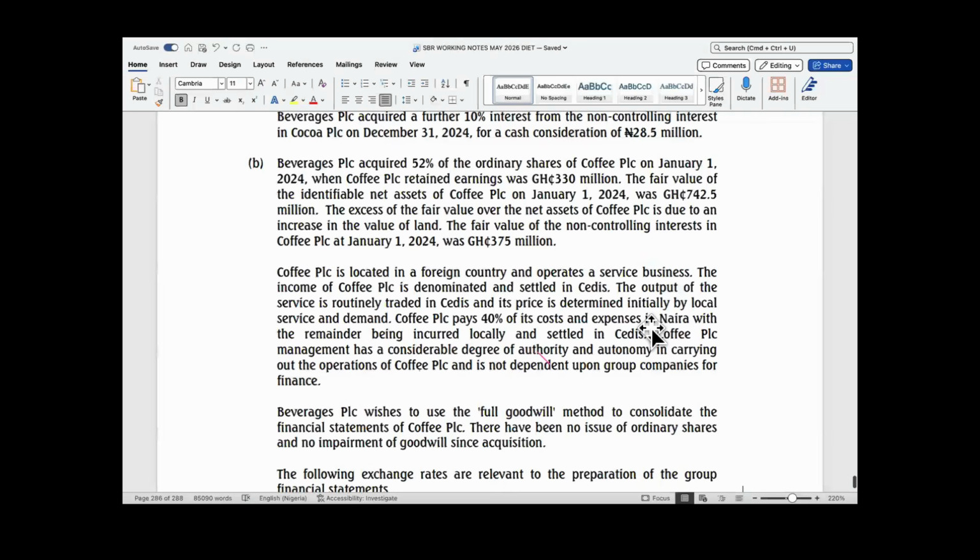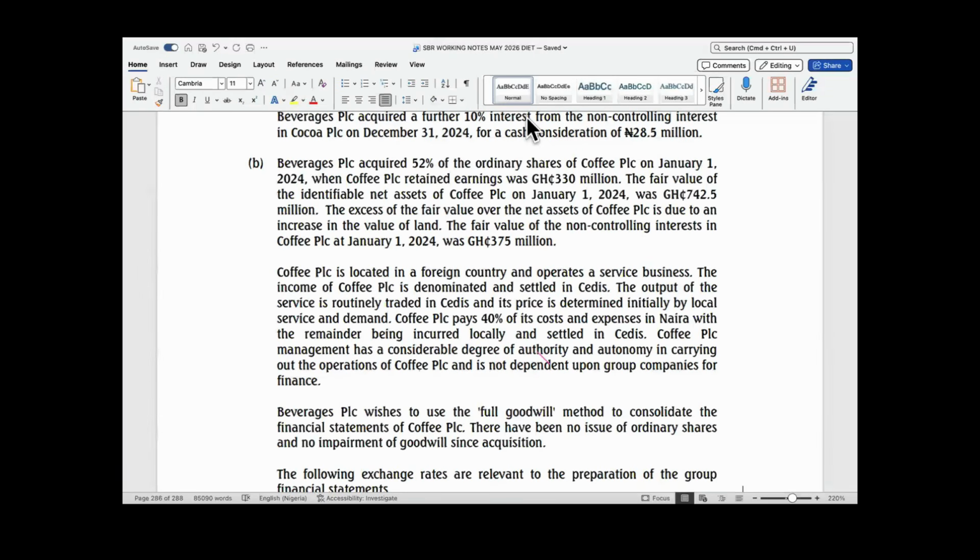Number one, when you have a foreign subsidiary, like I told you in the last class, the first thing you do is to translate the statement of financial position and statement of profit or loss of that foreign subsidiary into the parent presentation currency. In this case, from Ghana cedis to Naira.